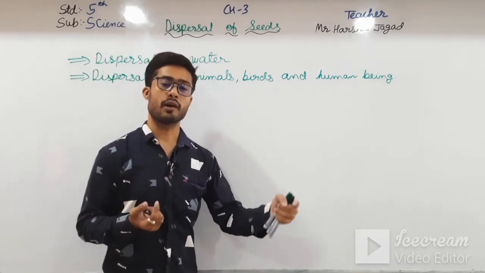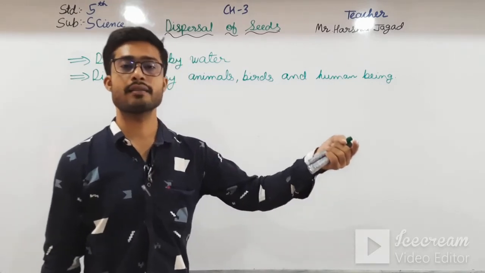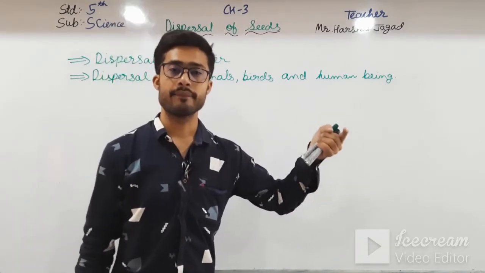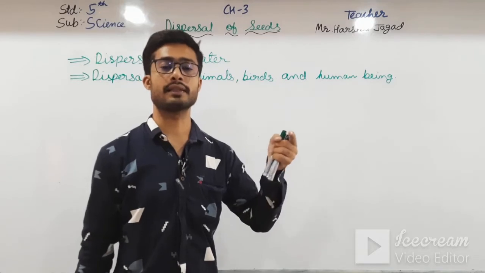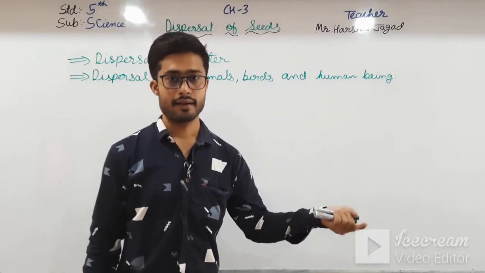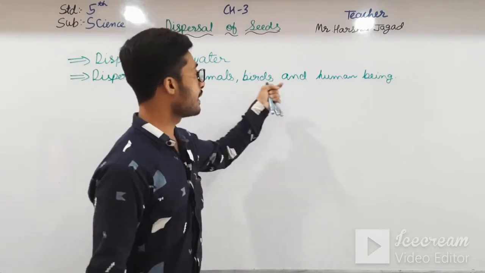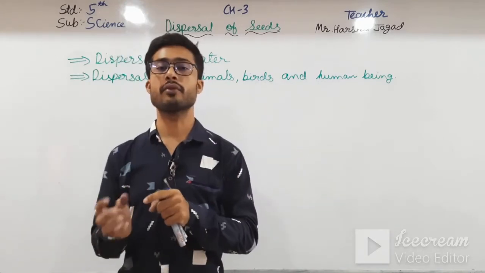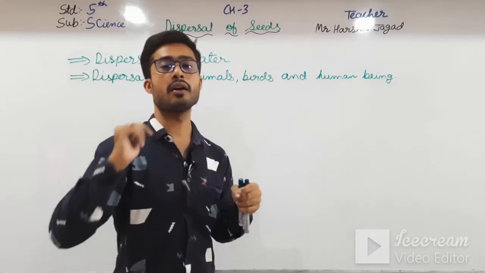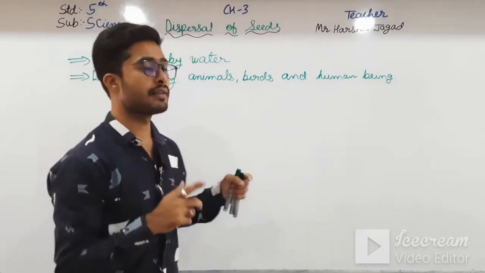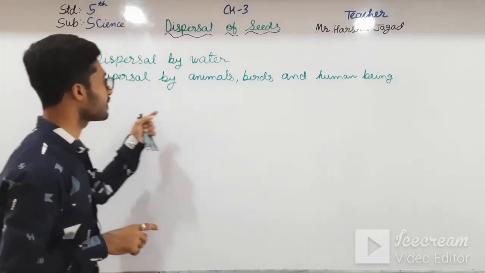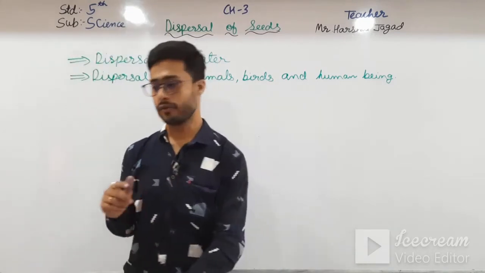They will grow where the seed is thrown far away. Okay students, the seed will grow over there. So these animals, birds and human beings eat the fruit and throw the seeds far away. So in this, there is an example of the dispersal by animals, birds and human beings.